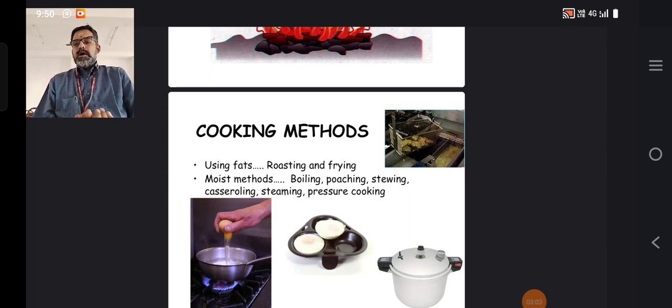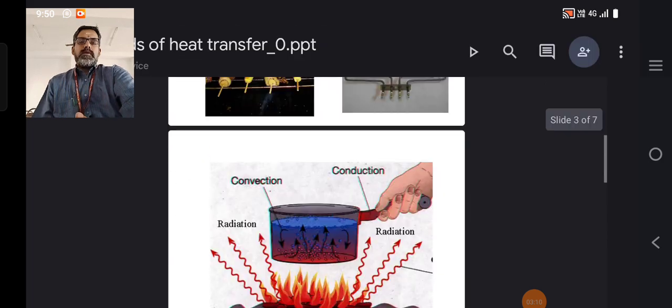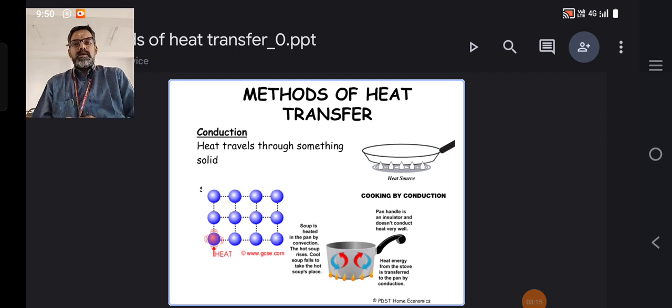Further, there are mainly three laws based on heat transfer. The first law is Fourier's law of heat conduction. This law explains how much heat is transferred through a particular area.